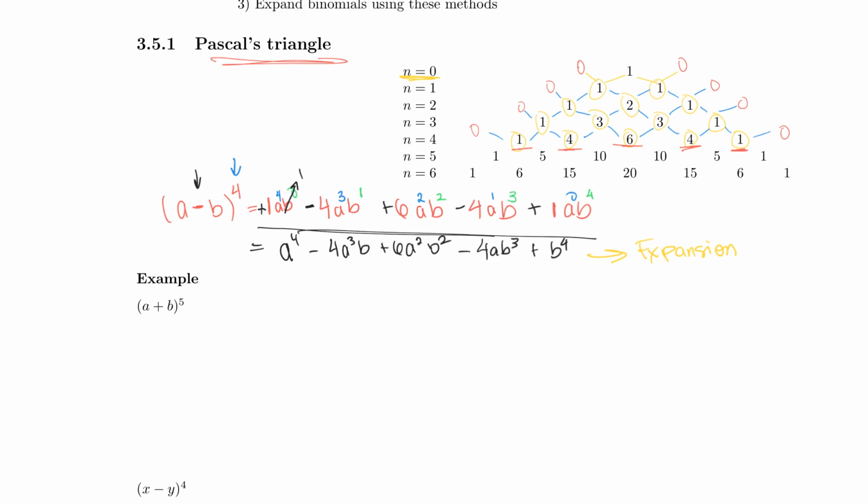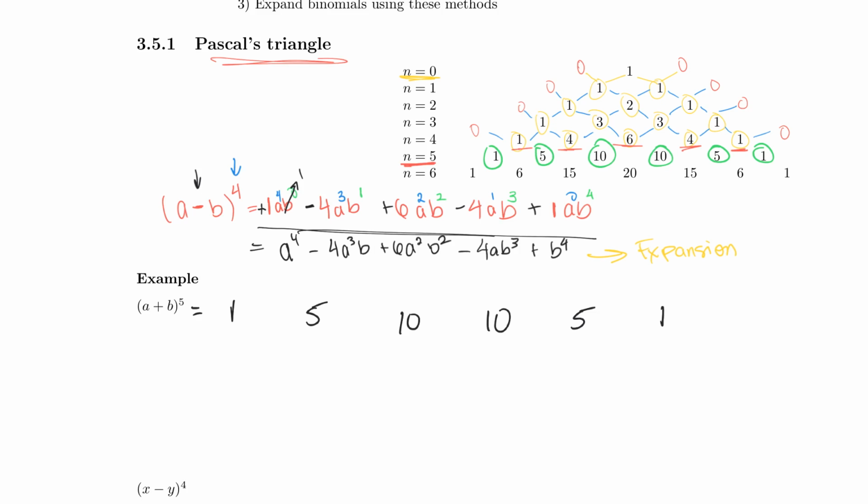So now we have to go to row number 5 in Pascal's triangle, and our coefficients will be 1, 5, 10, 10, 5, and 1. So what we have to do is write them down: 1, 5, 10, 10, 5, and 1.